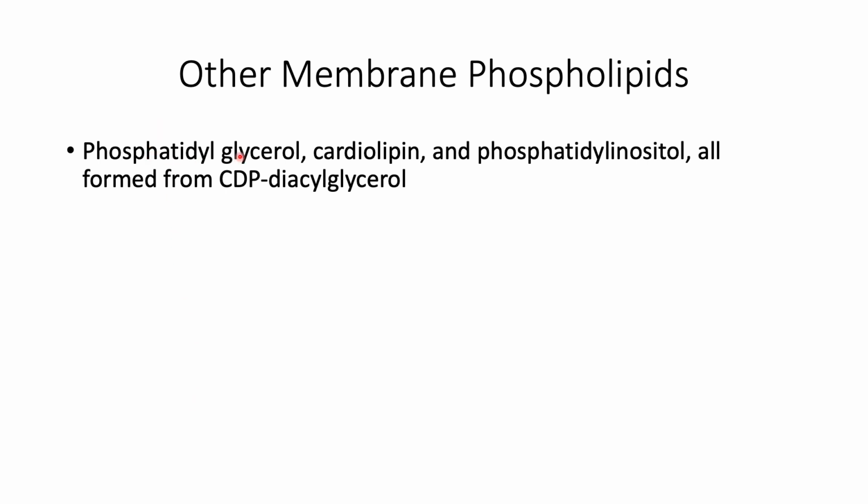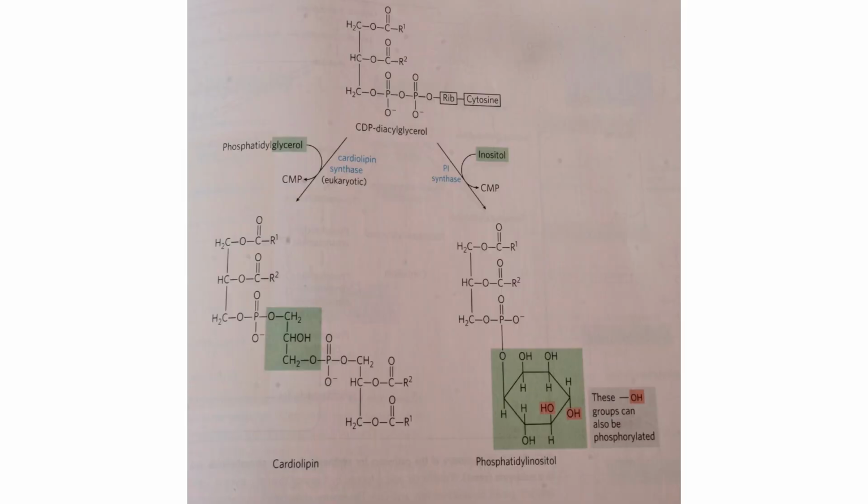So you get phosphatidylglycerol, cardiolipin, phosphatidylinositol, all derived from CDP diacylglycerol. So here's CDP diacylglycerol, cytosine, ribose. Here's the 2 phosphates. This is a glycerol backbone with the various R constituent groups of fatty acids attached here. In eukaryotes, you have cardiolipin synthase.